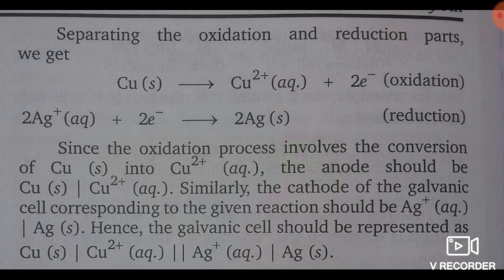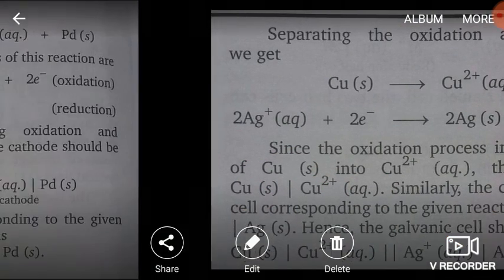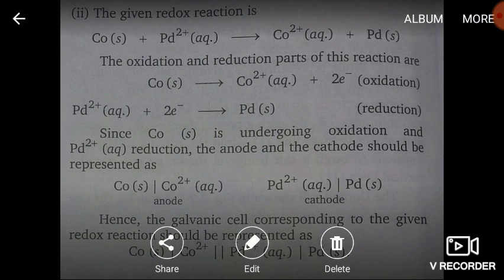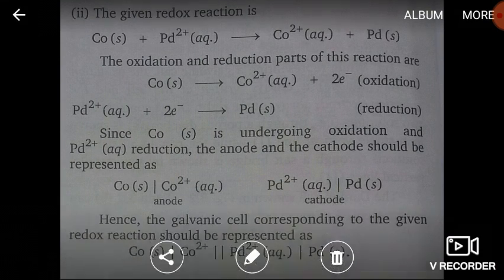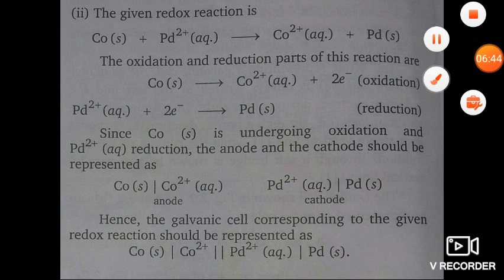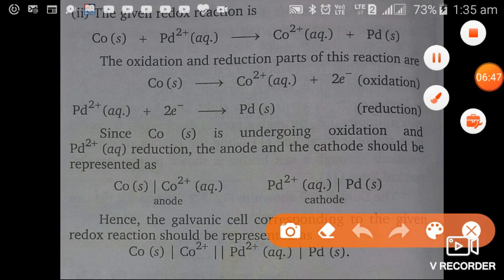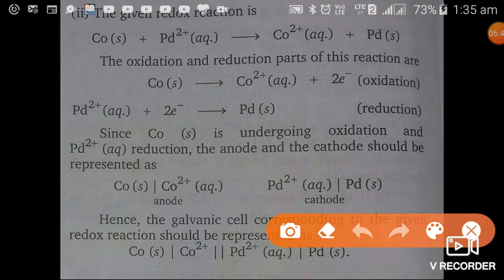Now come to the second part of this question. On the basis of the first part, you can easily get this solution. Here the redox reaction is this. Half parts of this reaction are oxidation and reduction.